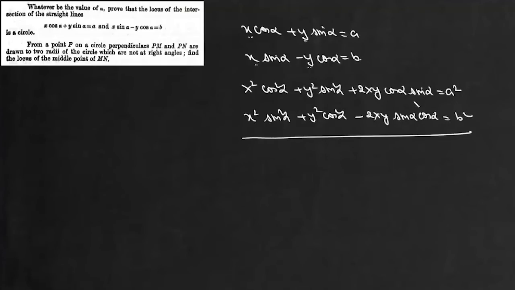Now if we add them, this 2xy term will cancel. Now cos square alpha plus sin square alpha is 1, so we get x square plus y square equals a square plus b square, and that's your required locus, which is a circle.